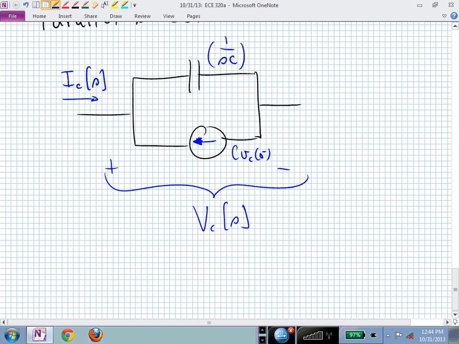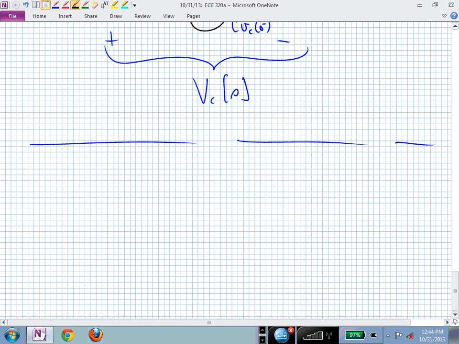And this is what we looked at last time, which was the series connection. Maybe we didn't derive it, but we used it.